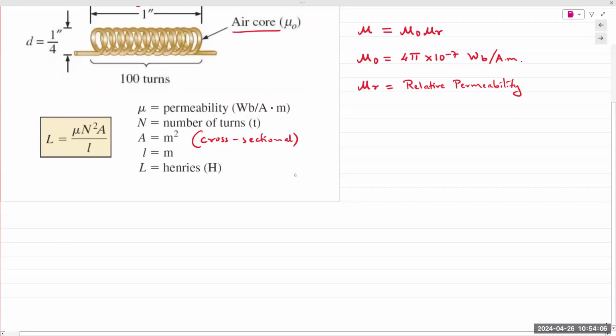So the way we represent this is as an inductor in series with a resistor. As I said, the same component, the same spiral coil, if you measure the inductance, will give you a value. If you measure the resistance, it will also give you a value.